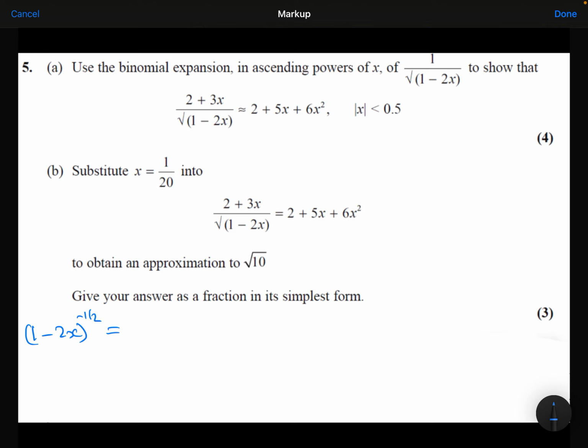So the first term is 1, then we'll have plus n times x, plus n times n minus 1, so we've got minus a half, take away 1 is minus 3 over 2, divided by 2 times 1, and that's going to be multiplied by the x squared.